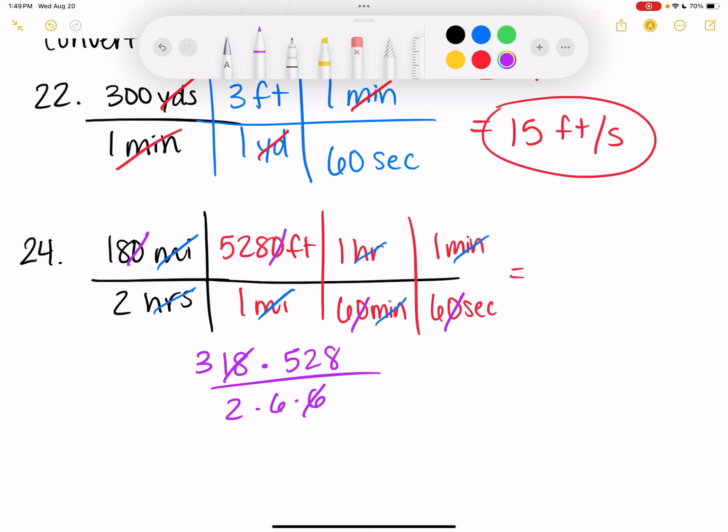I don't know if 6 goes into 528. I'm sure it does, but at this point, we'll just do it like this. Good old-fashioned long division.